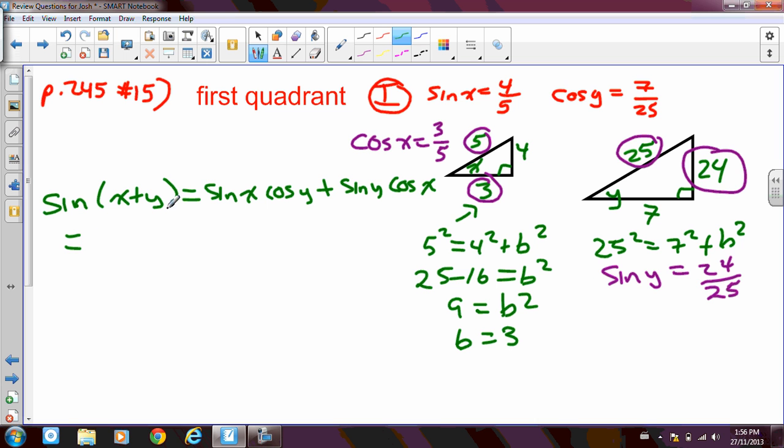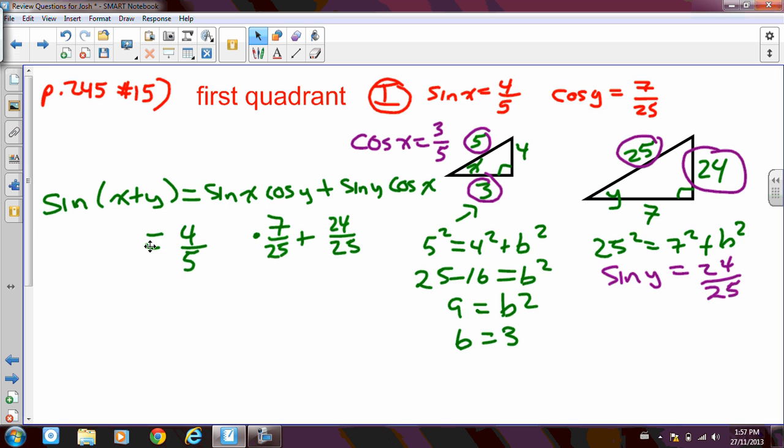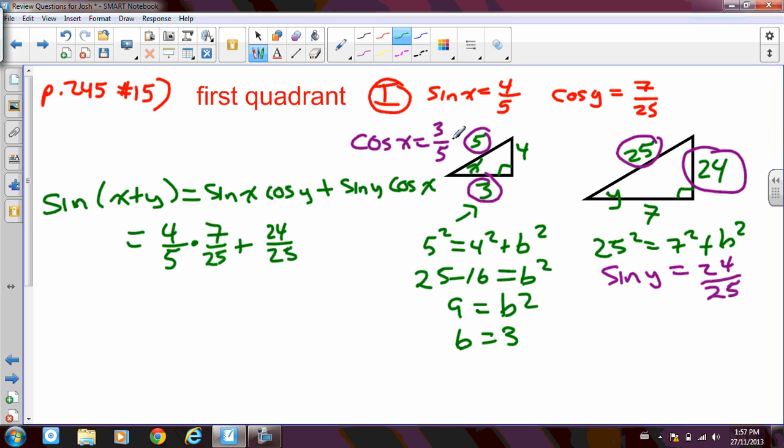And now if I take that further, equals sine of x, we know right up here is 4/5, times cos of y, which is 7/25, plus sine of y, which is 24/25, and then cos x is the 3/5.